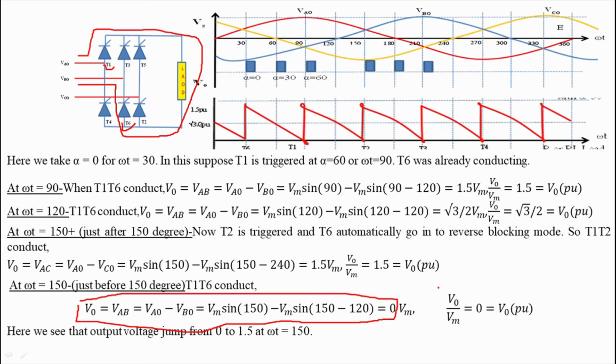So here we get V naught by Vm equal to 0 per unit. So you can see that at omega t equal to 150 degree, V naught is equal to 0. In this way we get these repeated waveforms.